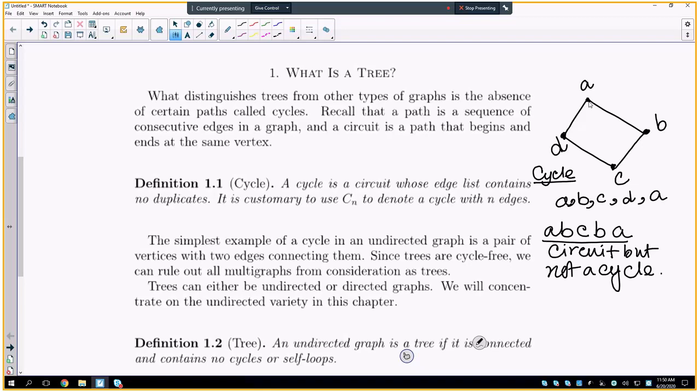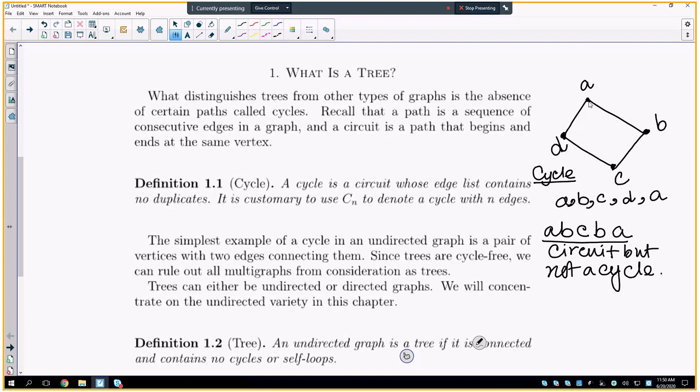So what we are expecting in our trees is that we will not see any cycle, as well as we will not see any disconnectivity. We're going to formally define those concepts. For the time being, we have understood the difference between cycle and circuit. The simplest example of a cycle in an undirected graph is a pair of vertices with two edges connecting them.